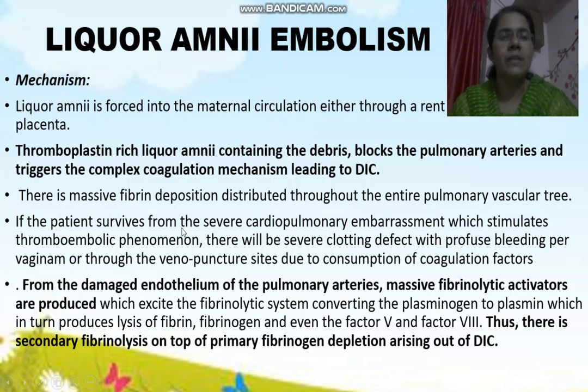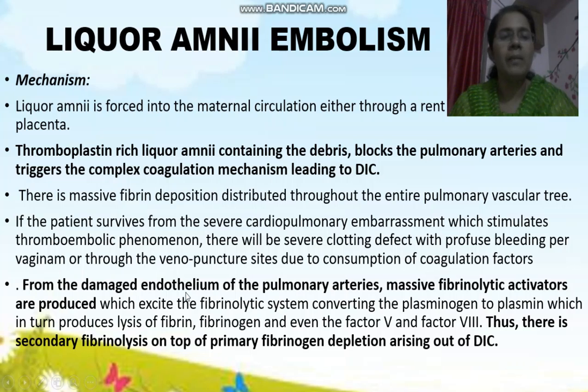If the patient survives the severe pulmonary embarrassment, which simulates thromboembolic phenomena, there will be severe clotting defects with profuse bleeding per vagina or through the venipuncture site due to the consumption of the coagulation factors.